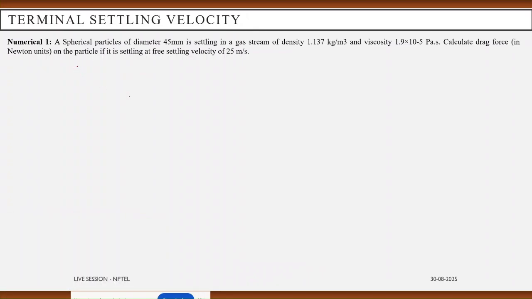It is given that a spherical particle of diameter 45 mm is settling in a gas stream. The gas stream has a density of 1.137 kg per meter cube and a viscosity of 1.9 into 10 to the power minus 5 Pascal second. Now you have to calculate the drag force in Newton on the particle if it is following the free settling velocity of 25 meter per second.